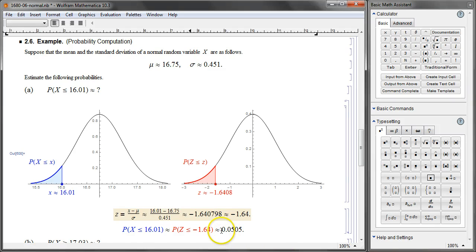That is the probability. In short, we can use the z-score formula to change into z, and then using the original picture, you can find out the probability using the z-table.